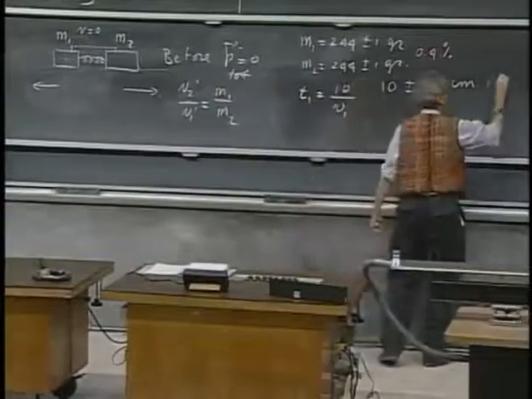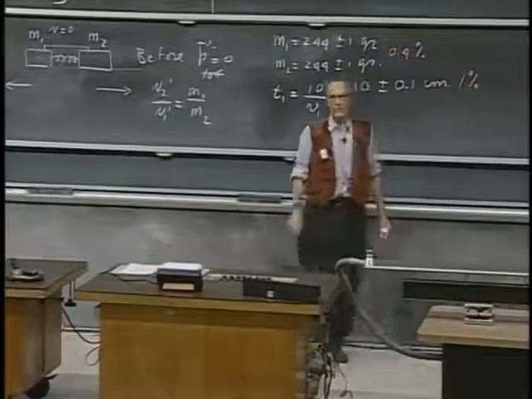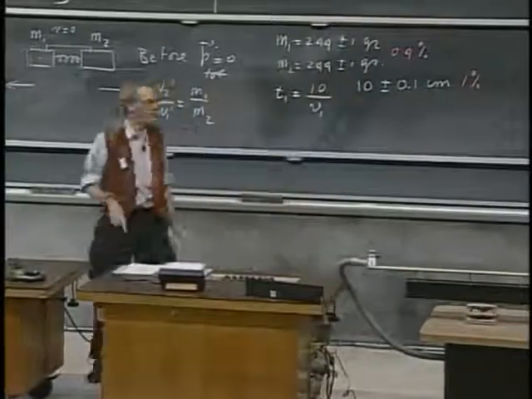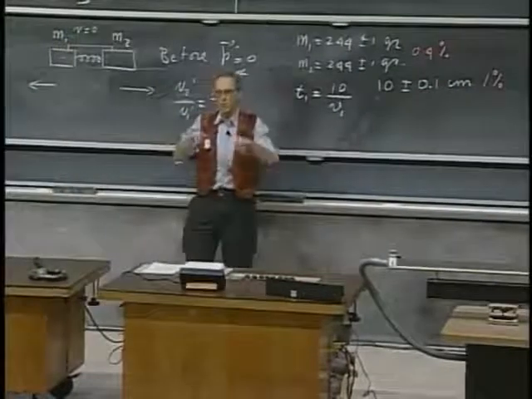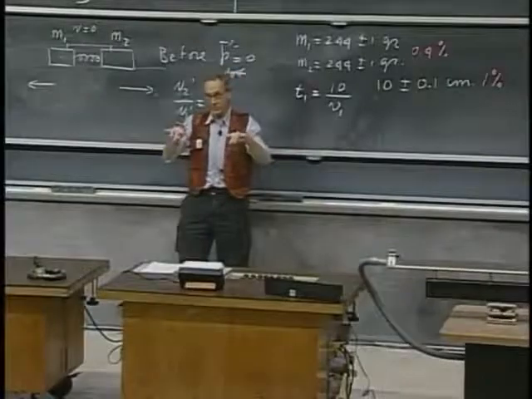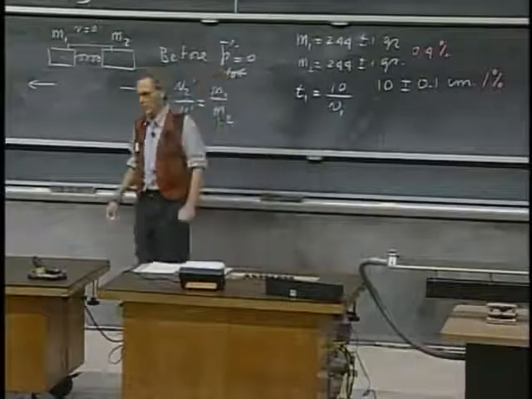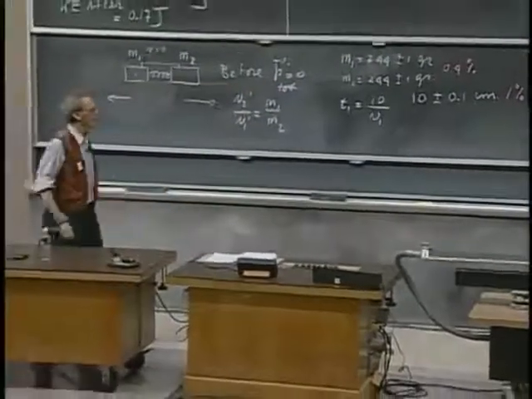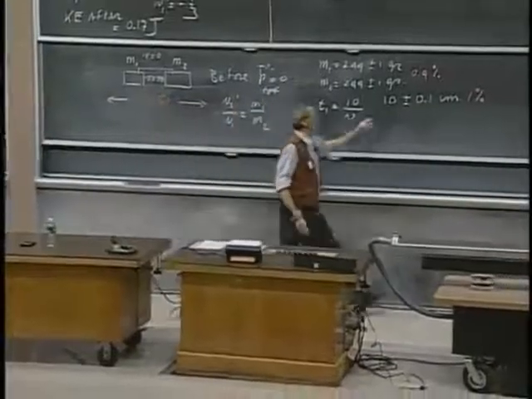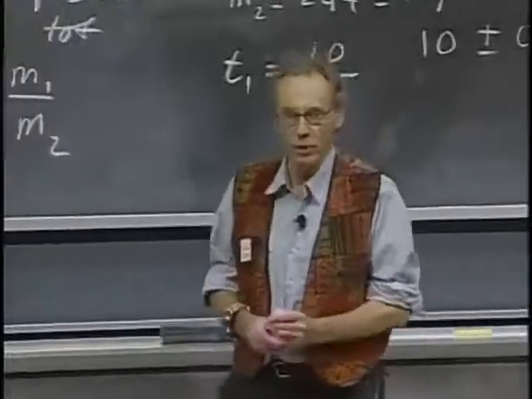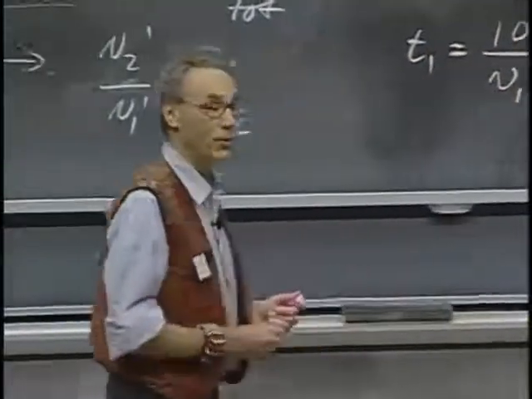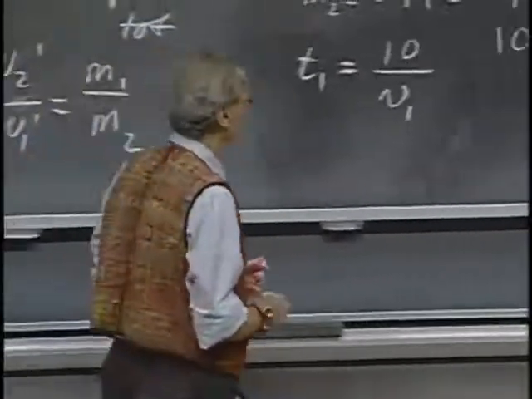So this is a 1% uncertainty. So if we measure the times that object number 1 and object number 2 will go through this timing device, a measurement of 10 centimeters, you would expect the times to be the same to within roughly 1 plus 0.5, say 1.5%.